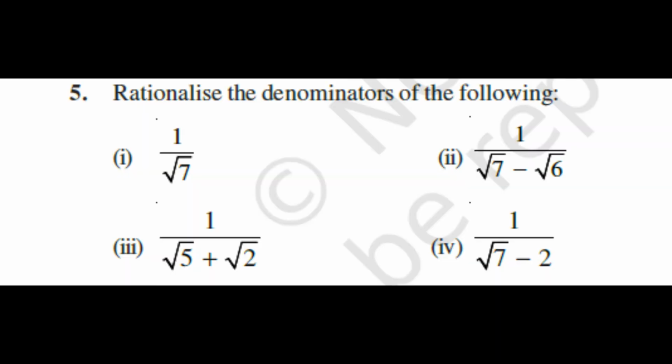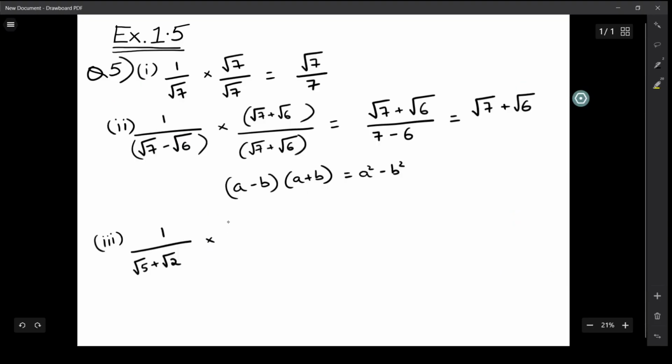Moving to point number 3. This is 1 divided by root 5 plus root 2. Now I'm going to do the same thing as I did in the previous example. I'm going to multiply this with root 5 minus root 2 in the numerator as well as the denominator.